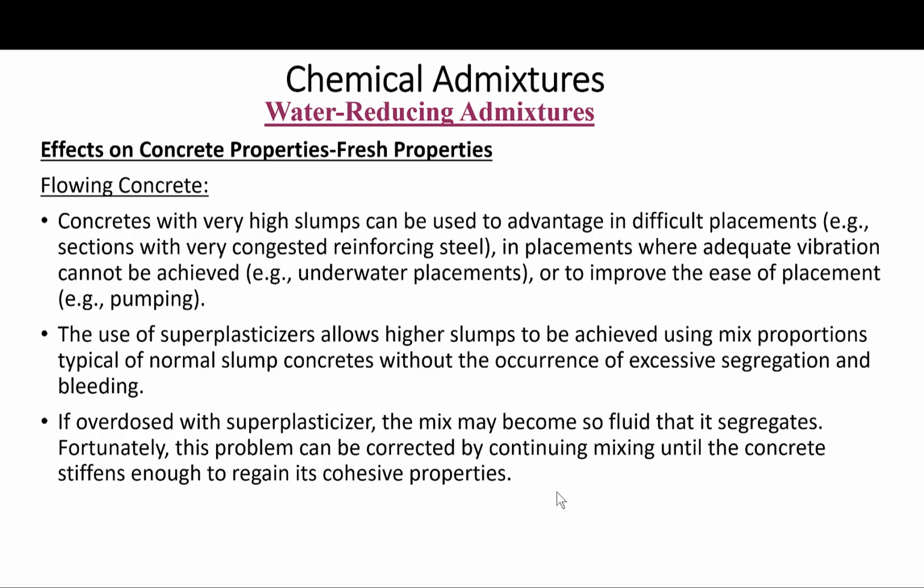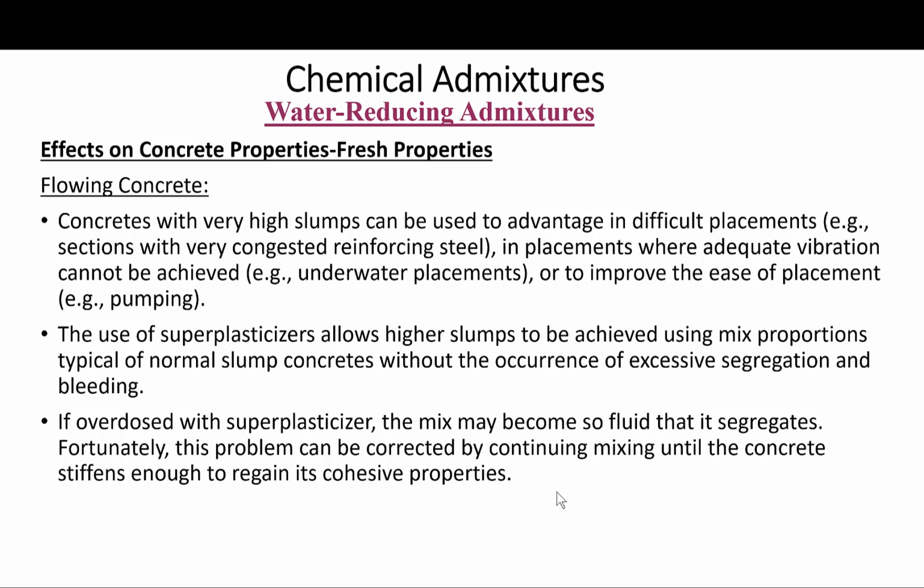So slumps exceeding 150 millimeters or 6 inches can be achieved with conventional water reducers only by using over-sanded mixes with very high cement contents.